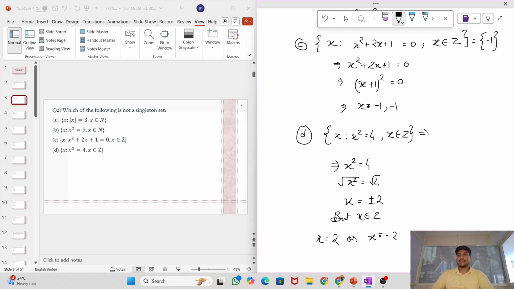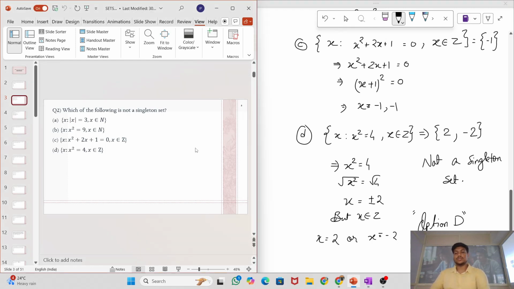So the given set would have two elements, 2 and negative 2. So this one is not a singleton set. Now what did the question ask us? It is asking which of the following is not a singleton set, and out of all the given options, option D is not a singleton set. So the answer here would be option D.